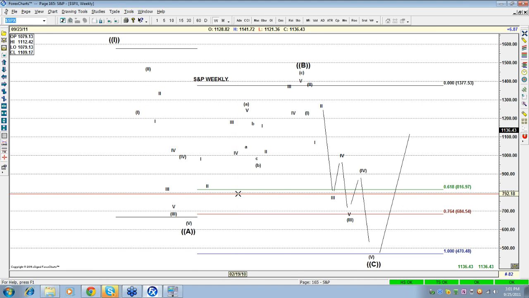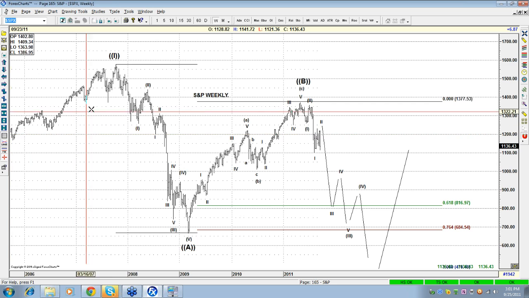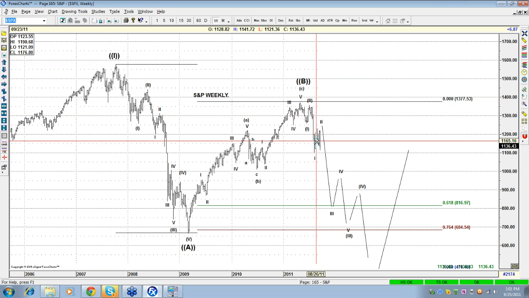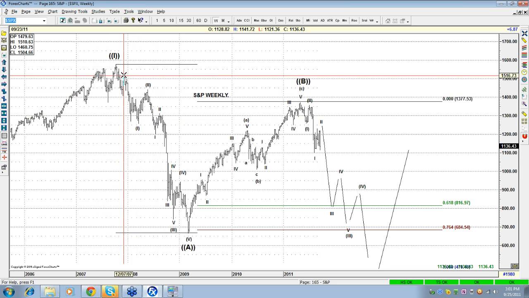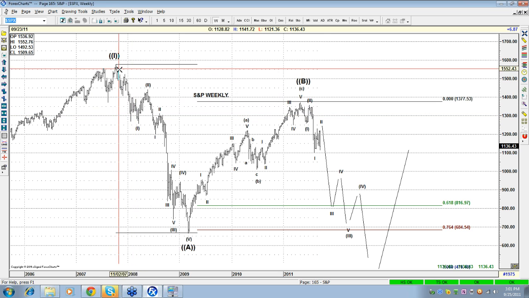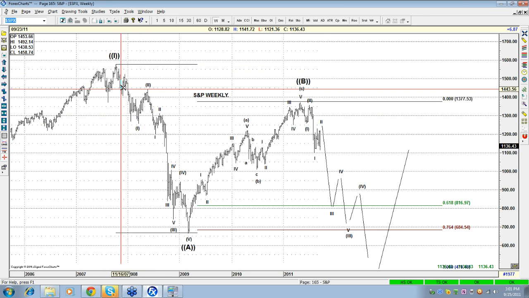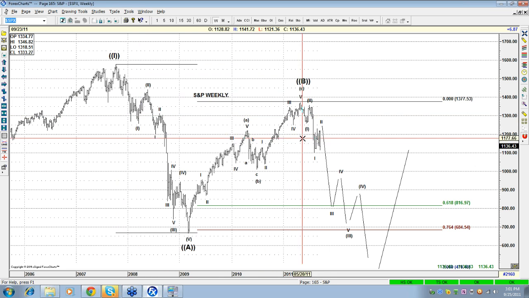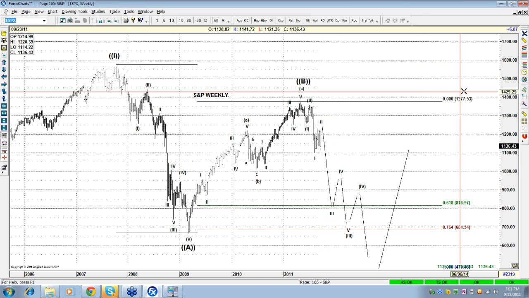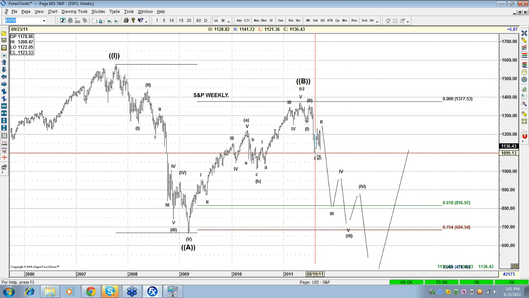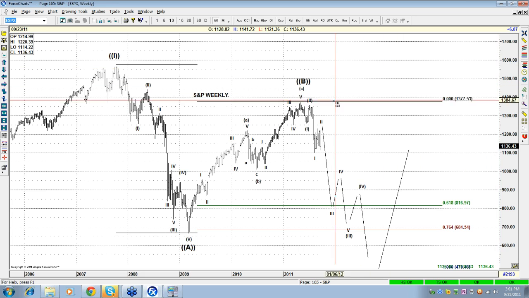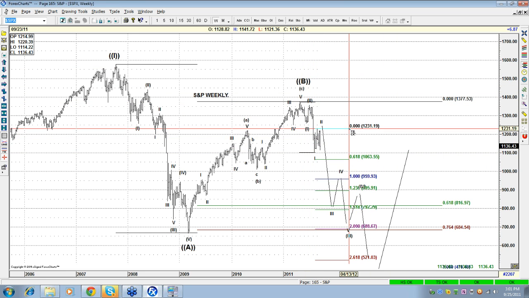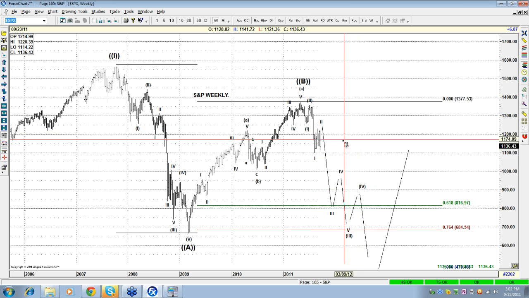If you take a look at the weekly, this right here looks very similar to this. Very similar to here. You see it? So when I see S&P go to a new low, that should happen around 1070, 1021 in extension, 1065.